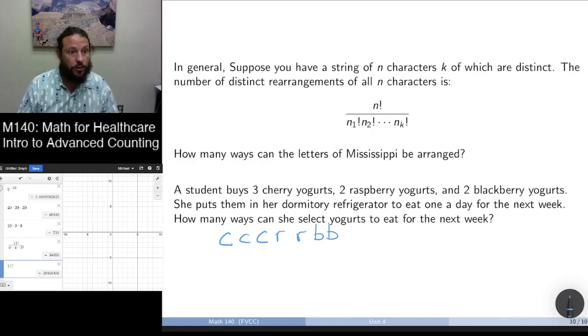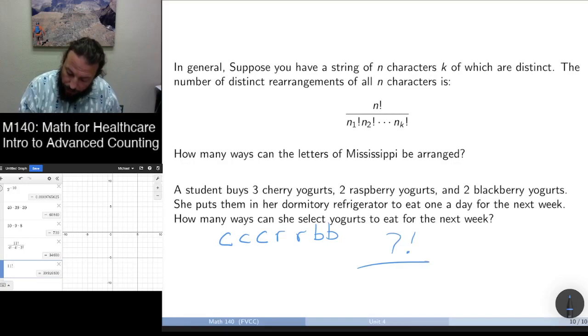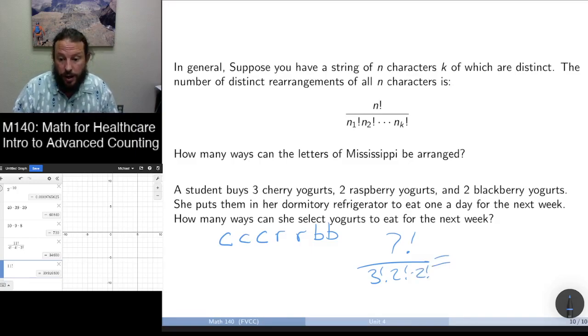It's just like counting the letters in Mississippi. We have a total of 7, so it's 7 factorial over 3 factorial, because there's 3 C's, times 2 factorial, because there's 2 R's, times 2 factorial, because there's 2 B's.